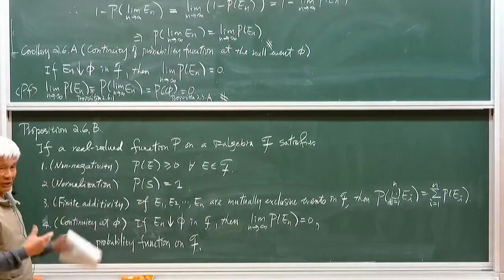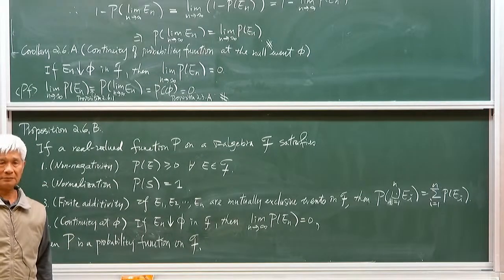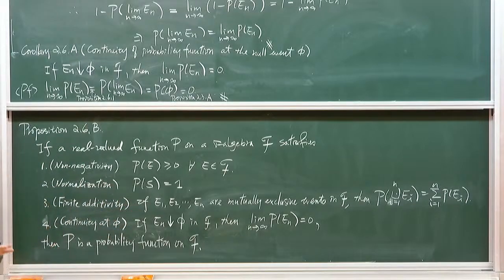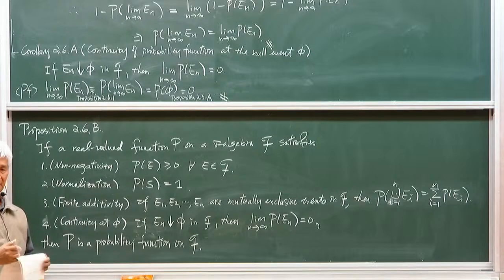But this is for the general case, especially for a sample space which is uncountable, for example when the sample space is an infinite interval or just an interval, as in the case of lifetime.